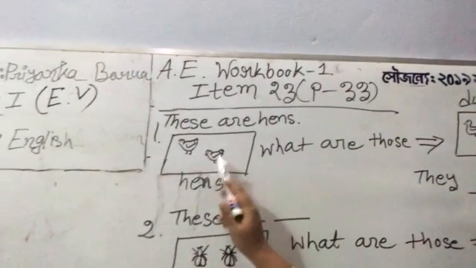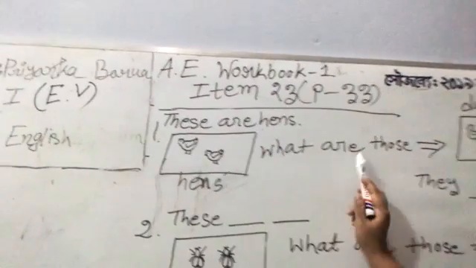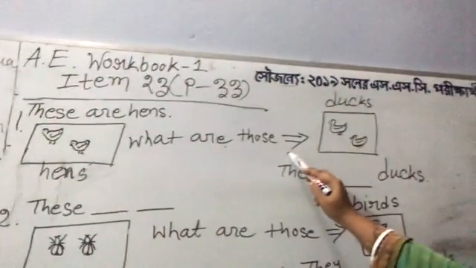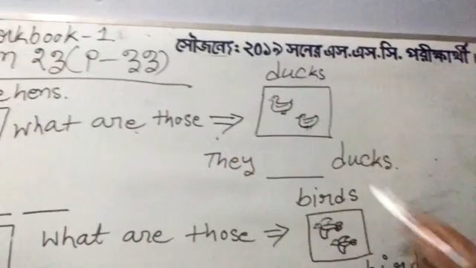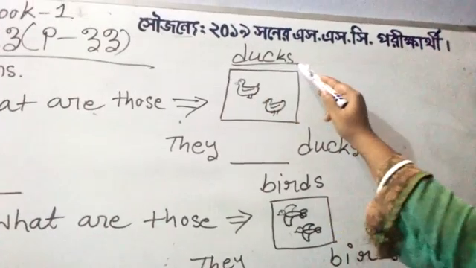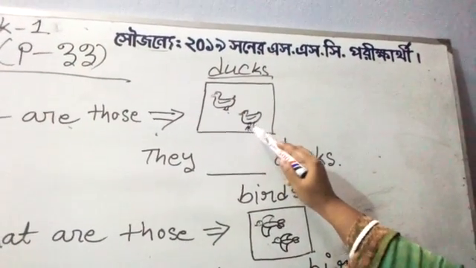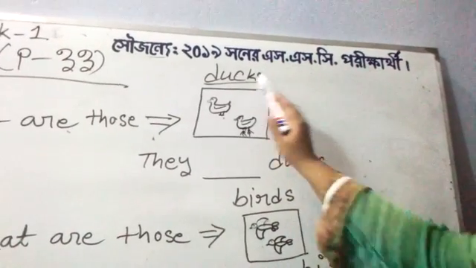So here two of the hens are here, so these are what? These are hens. What are those? Please come to the right one. Here, what are those? See here, the name of the objects is given, that this is the picture of two ducks. So these are the ducks.